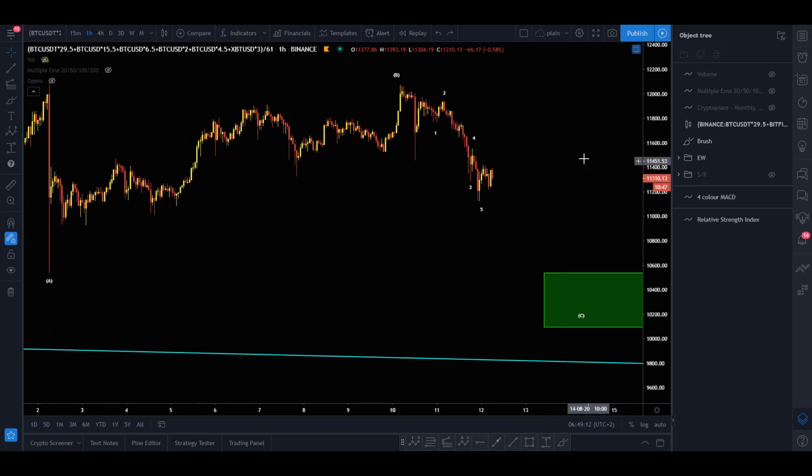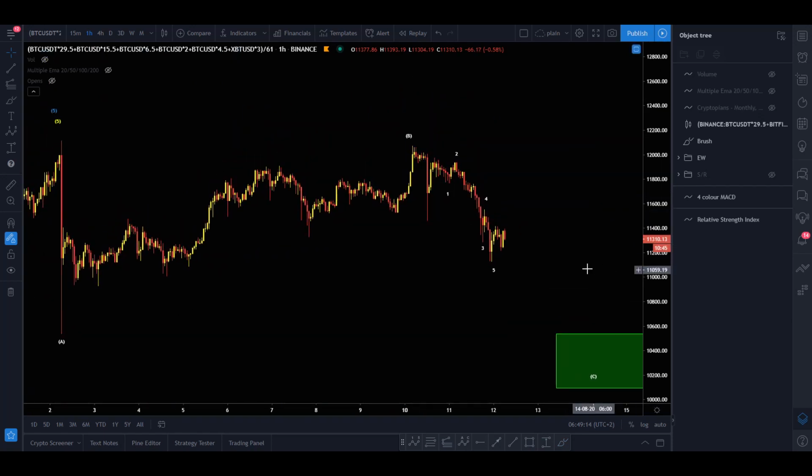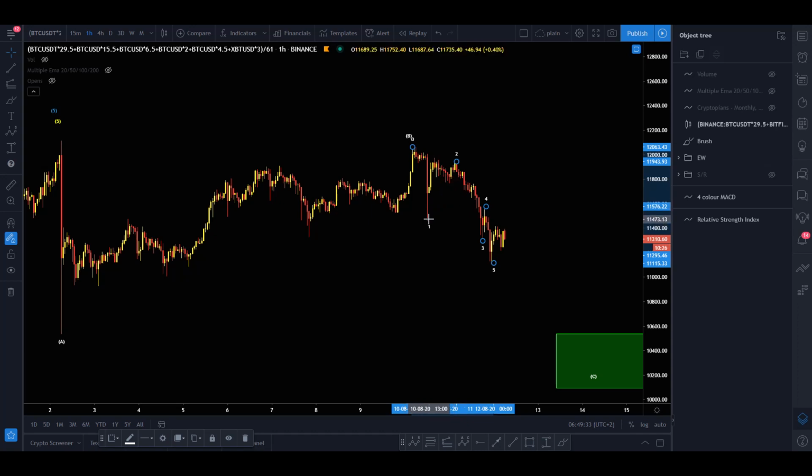When I look at this, there are a couple of scenarios. We could say this is your A leg, B leg, and then a C leg, finishing here. But I think it's a bit worse, but fitting in my view, that we are making something like this.